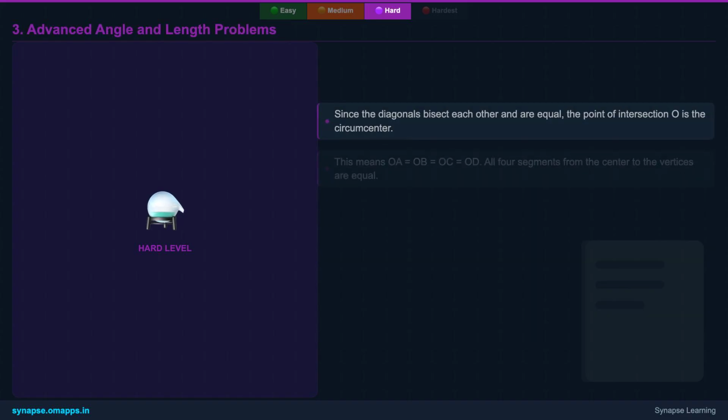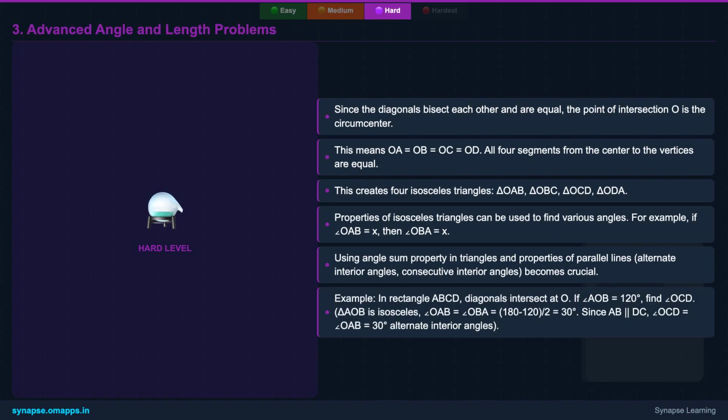The fact that a rectangle's diagonals are equal and bisect each other means their intersection point, let's call it O, is equidistant from all four vertices. OA is equal to OB is equal to OC is equal to OD. This creates four isosceles triangles within the rectangle: triangle OAB, triangle OBC, triangle OCD, and triangle ODA.